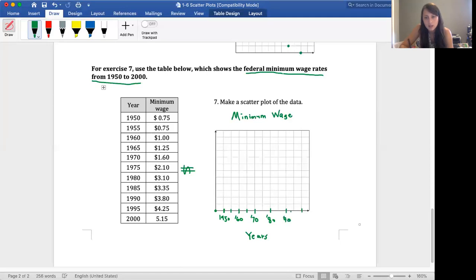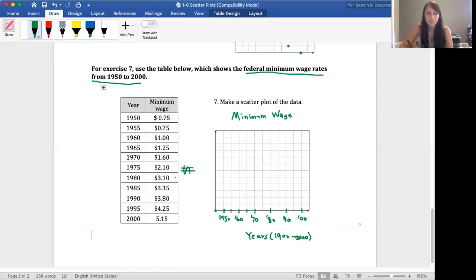And then look, I can spread across to 2000 right there. And I might put this as 1900s to 2000. My pen's not working very well, but 1900s to 2000, so that when I see this first one says 50, I know it's 1950, 1960, 1970, 1980, 1990, and then 2000.